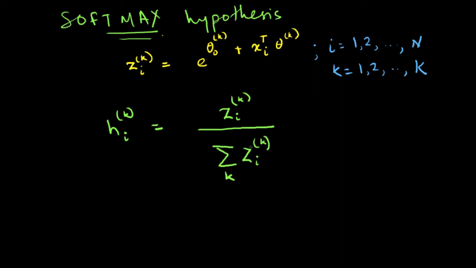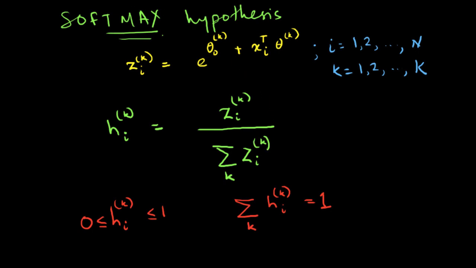Now this obviously, as we can see, satisfies our two requirements, which is that all h_i k must be between 0 to 1, and for a given i, when we sum over k, this must sum to 1. We can see that this function satisfies both these properties, and this is what is the softmax function. So this is our hypothesis that we are going to use for the multi-class classification.